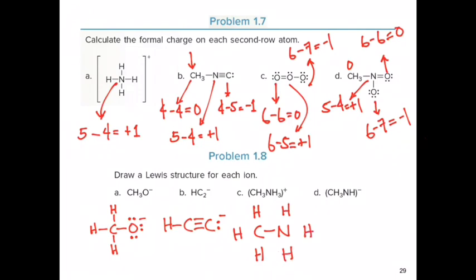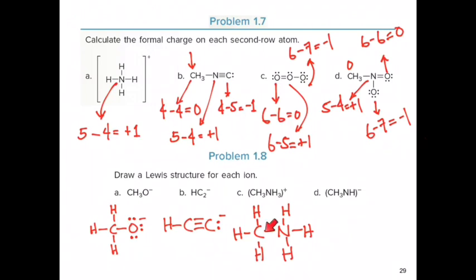So I'm going to connect one single bond for each hydrogen, and then we're going to take a look at the octet rule and see if the octet rule is satisfied for both atoms. This carbon has a total of 8 valence electrons, so it satisfies the octet rule. This nitrogen, same thing. And now we can apply the formal charge.